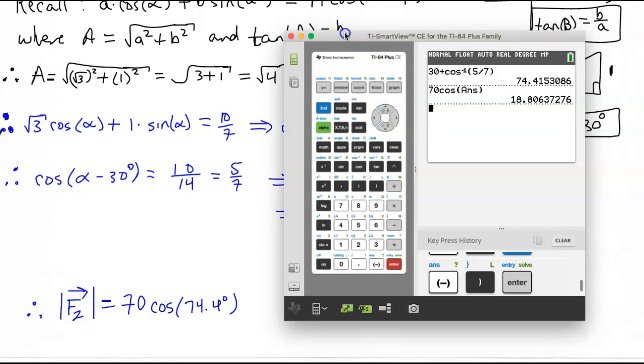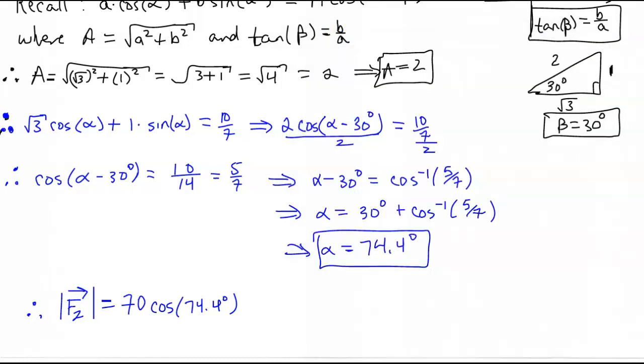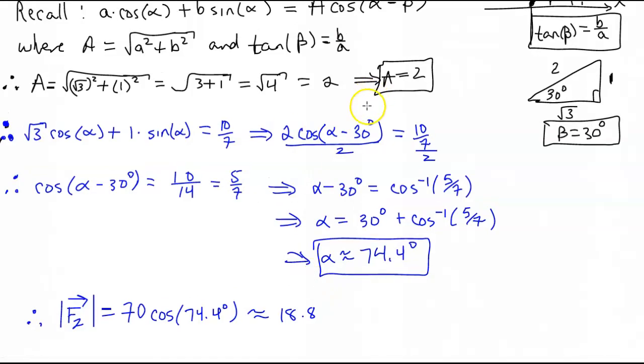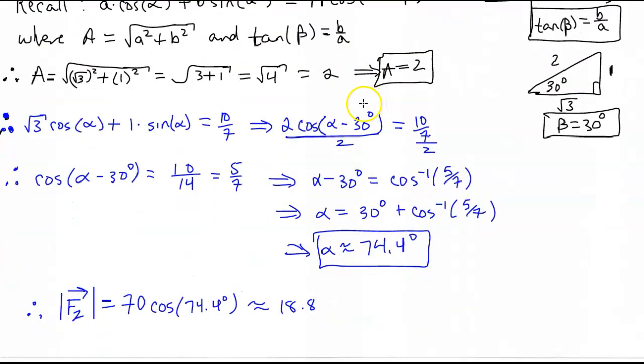Okay. And I should actually be doing this here. So this would be approximate, and this would be approximately 18.8. And since in this question we were talking about newtons here, this would be in newtons.